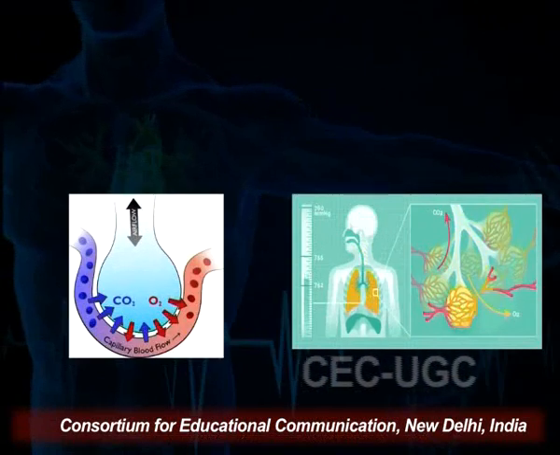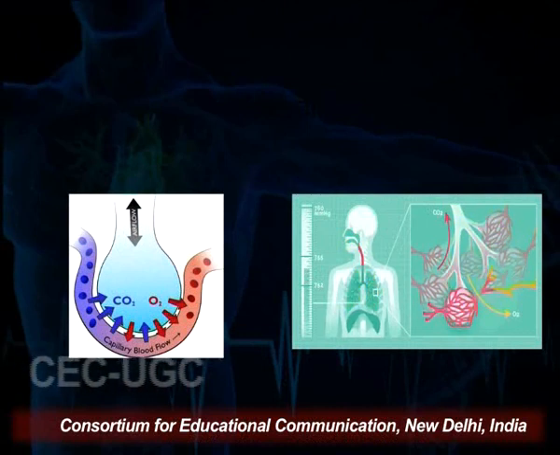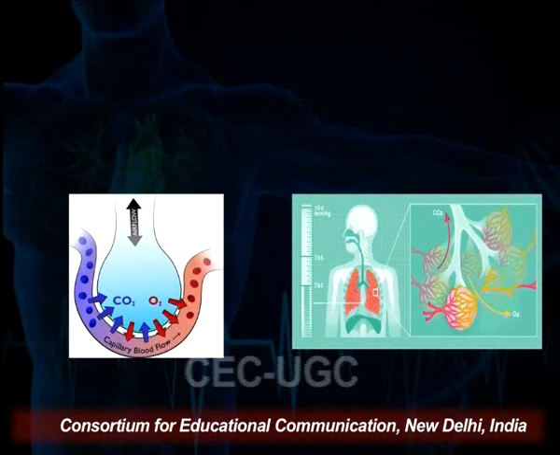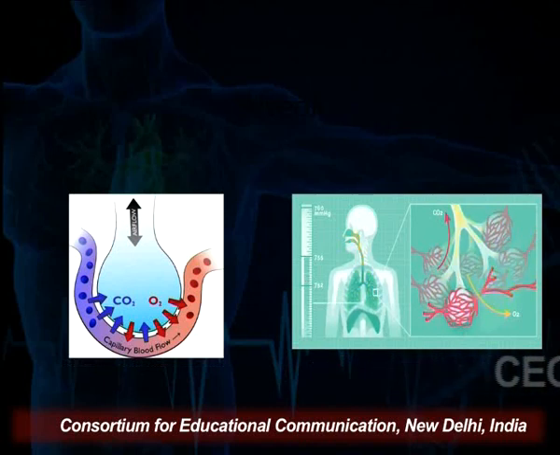Now let's start with another organ called alveoli. You can see in the diagram also, alveoli are the small sacs which are located in the lungs and adjoined with bronchioles. This is the only organ where the gas exchange happens.